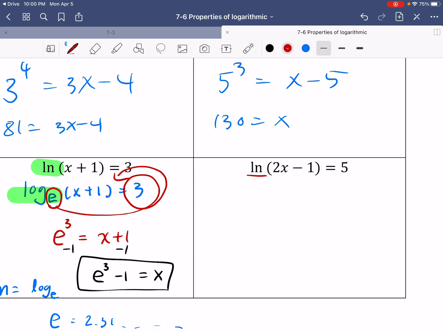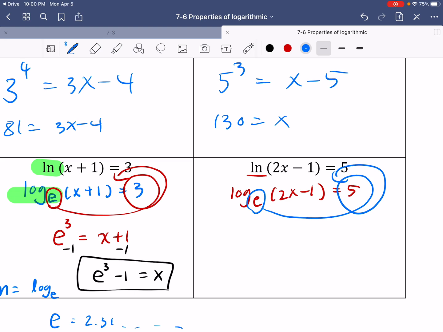So ln, you're gonna change it like that. I mean, if you can do it by yourself without changing it, that's good. Because I normally don't even change it. Just when I say ln, I just go base e. So it's gonna be e to the 5th power equals 2x minus 1.